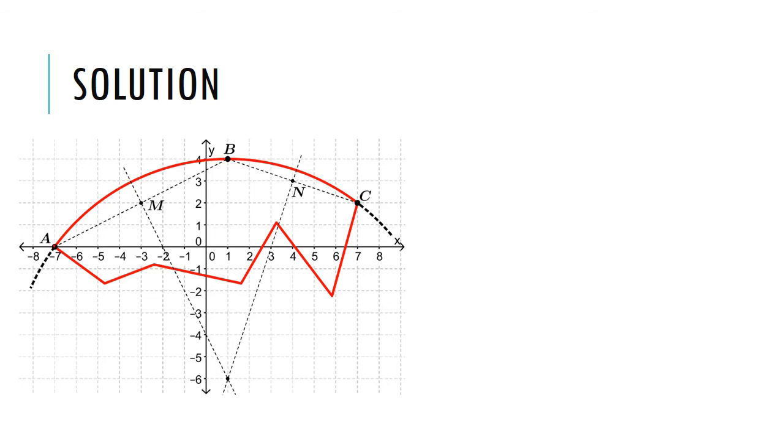We have one perpendicular bisector of the chord AB, so let's name that L1, and then the perpendicular bisector of chord BC, which passes through the points M and N as shown. So let's call that line 2. Since it is a perpendicular bisector, M is actually the midpoint of AB, right? And N is also the midpoint of BC.